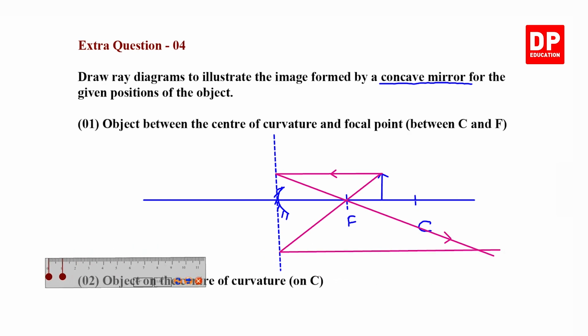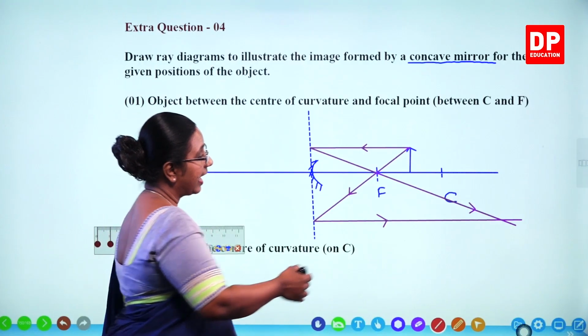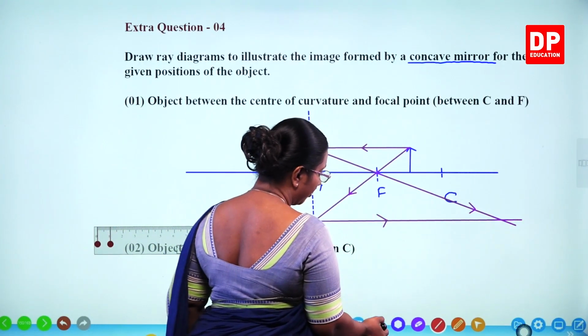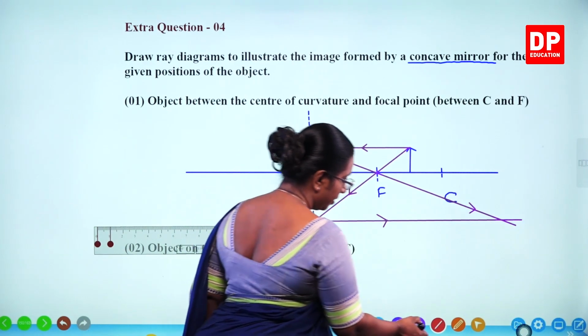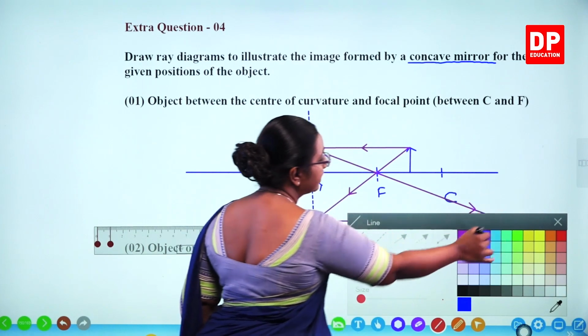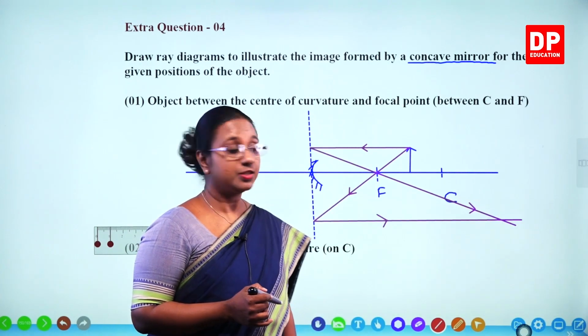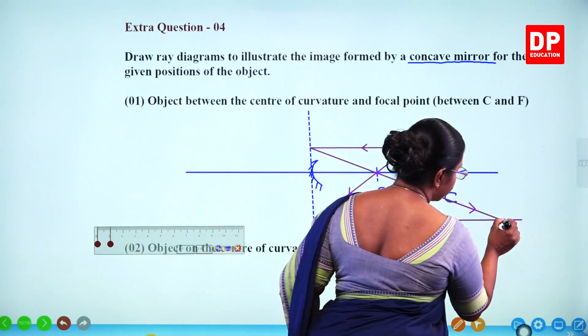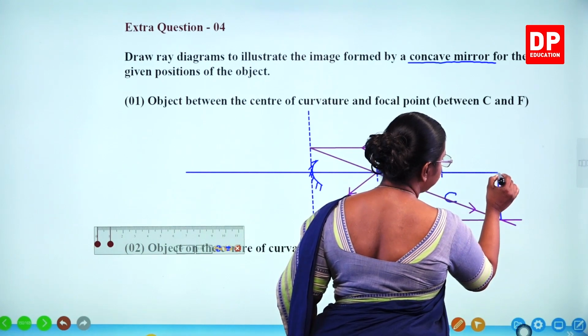So now we have drawn the two rays that are coming from the top of the object. And here you can see they both meet at this point. So where will you get the image? At the intersection of the two rays. So it has to be from here to here.